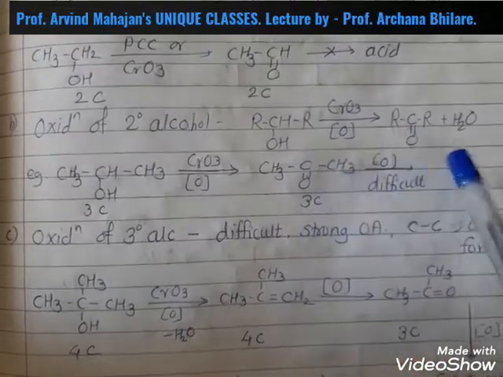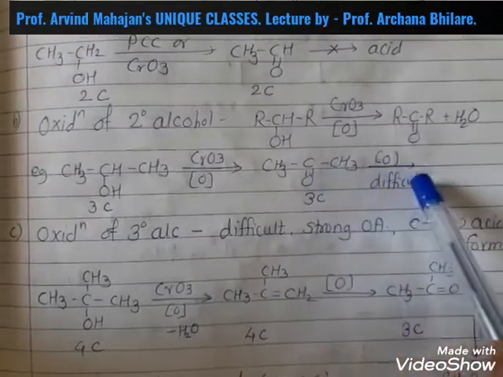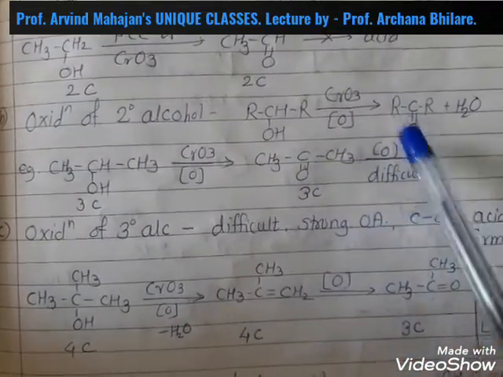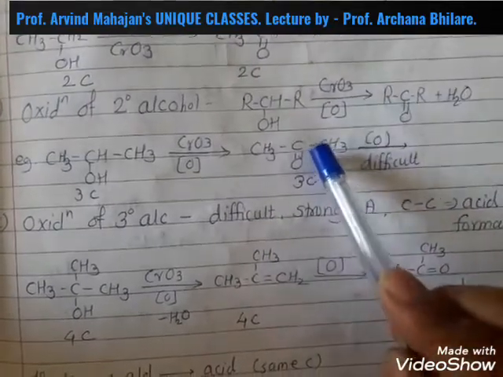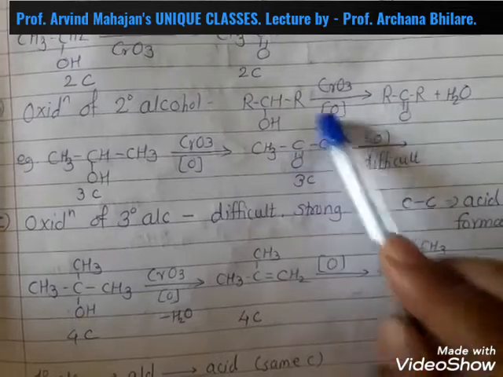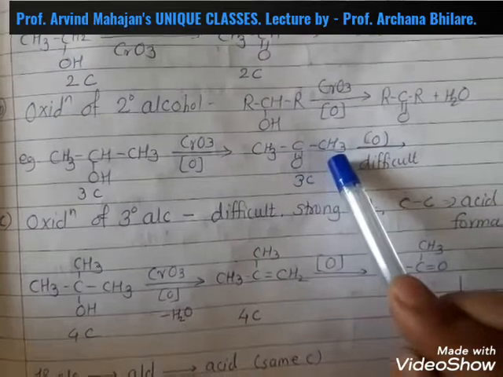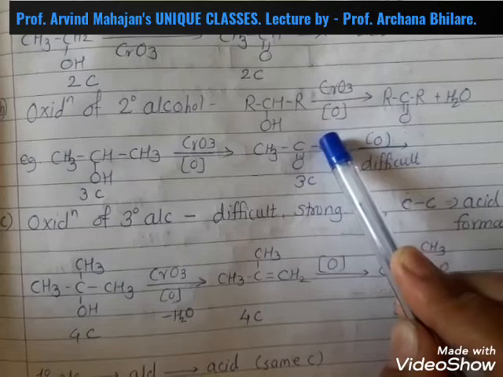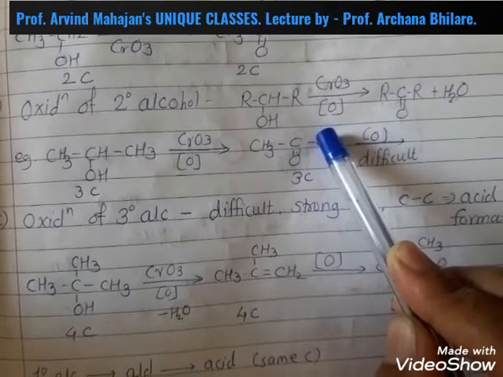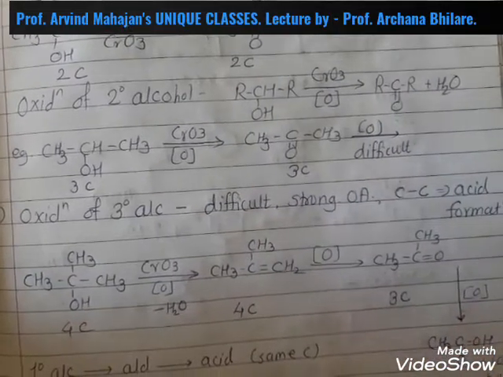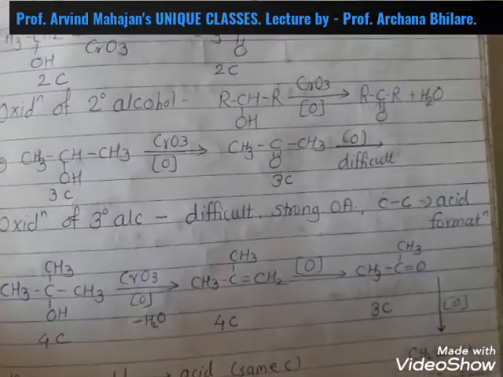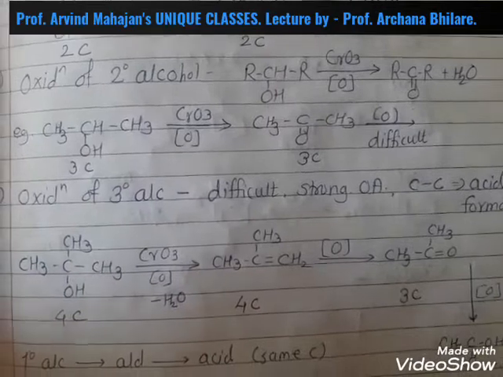If we forcefully oxidize it, or if we oxidize it by using a stronger oxidizing agent, then it will give us one acid having fewer carbon atoms. Here 3 carbons are there. This C-C bond will break. So 1 carbon is reduced. So we will get carboxylic acid having formula CH3COOH. Okay, but that reaction is not included in your textbook. We will discuss it while solving MCQs.